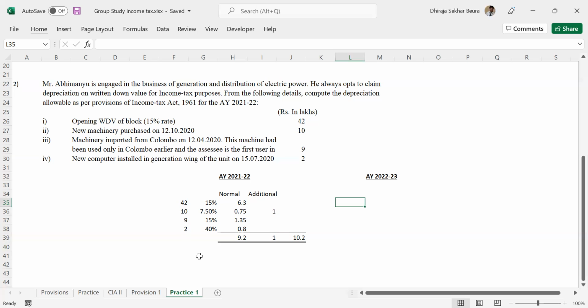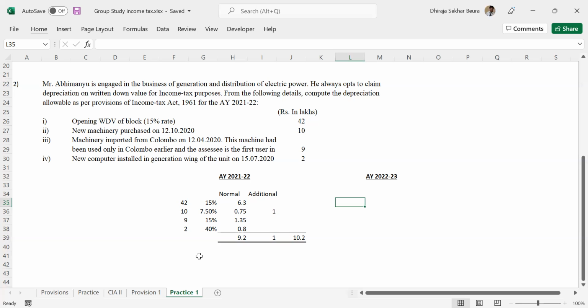Let me tell you one difference between additional depreciation and normal depreciation. When we have a case like this, which we had just now, where the asset was put to use for less than 180 days, we are taking only 50% of the depreciation. And the other 50% is completely waived off.